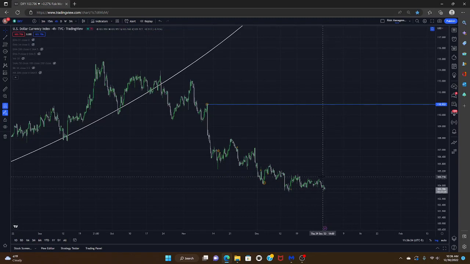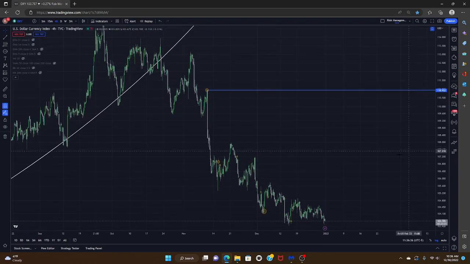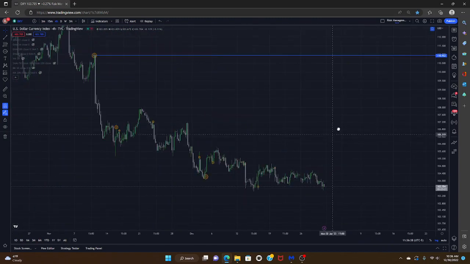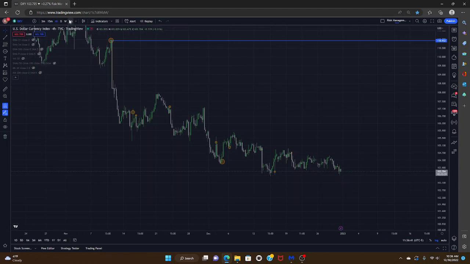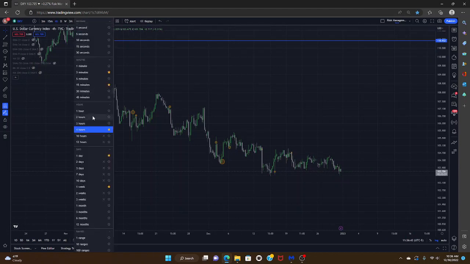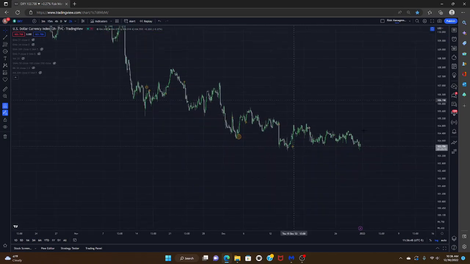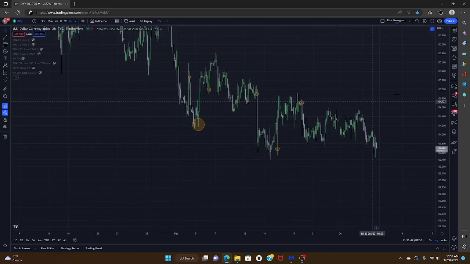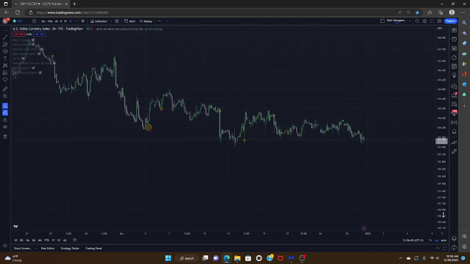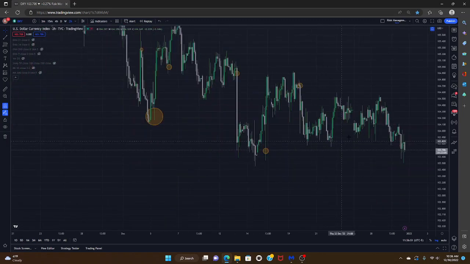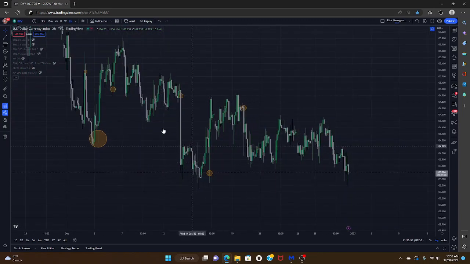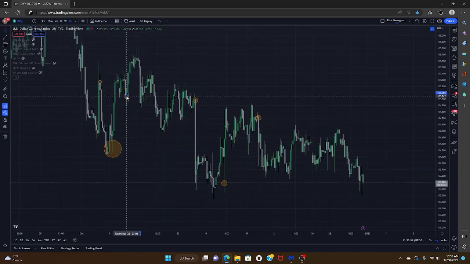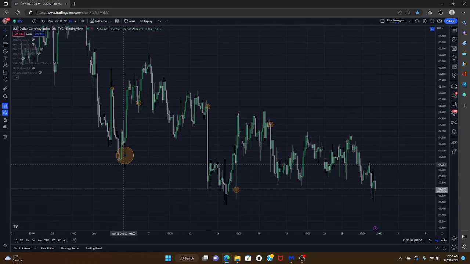Now, what I want to talk about here is other price distinctions. I want to talk about where price moves impulsively and marking that off on the chart. I've sort of done that here. Now you may notice that these circles are different sizes, but basically what I've done here is marked off the areas where you start to see an impulsive price movement, right?